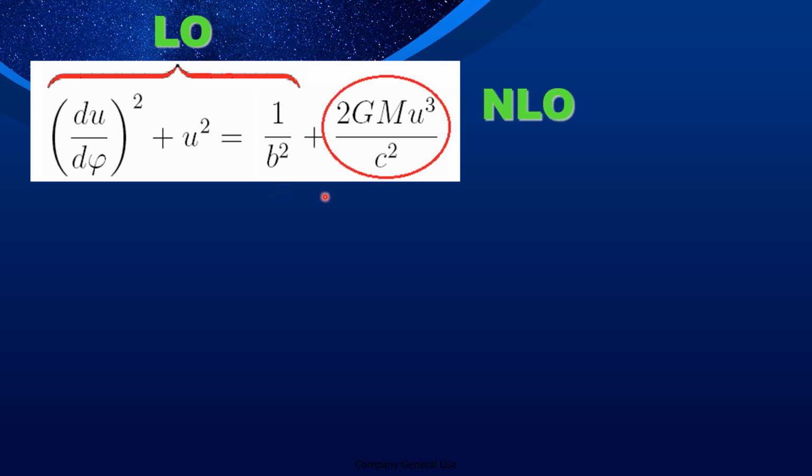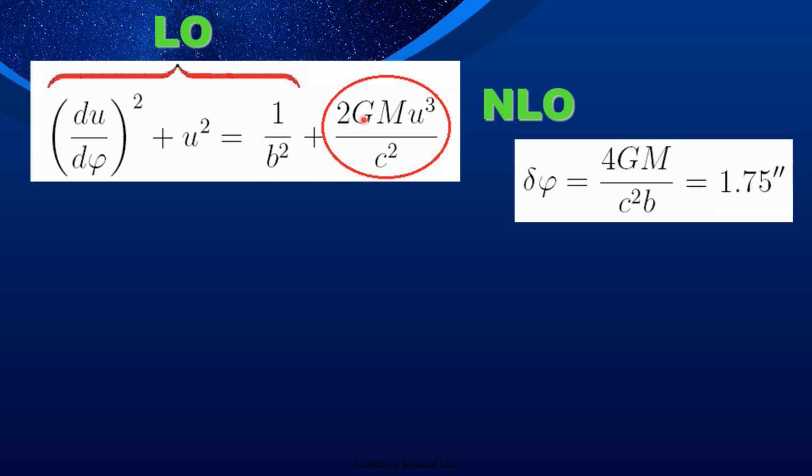Simply, general relativity has this u cubed, u to the third power, because we are considering here the dynamics of massless particles like photons. General relativity adds a next to leading order term, the correction of general relativity to Newtonian mechanics. This is the famous result due to the correction of general relativity.